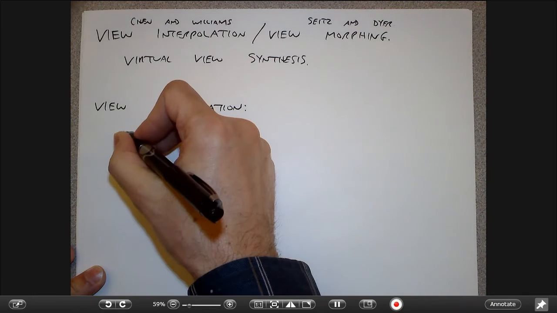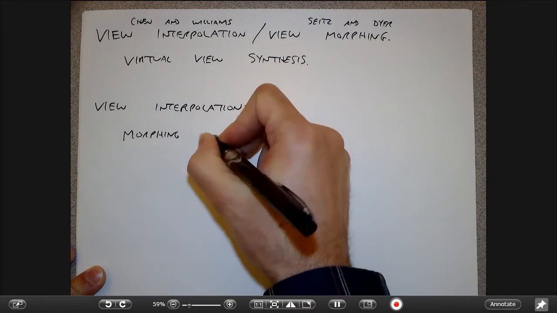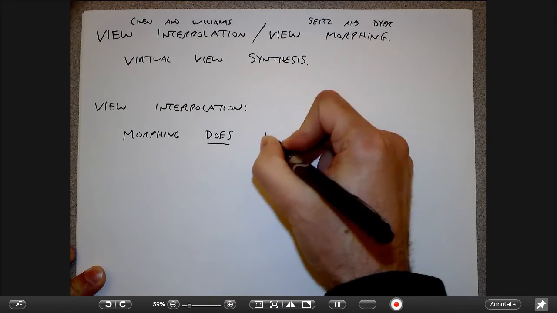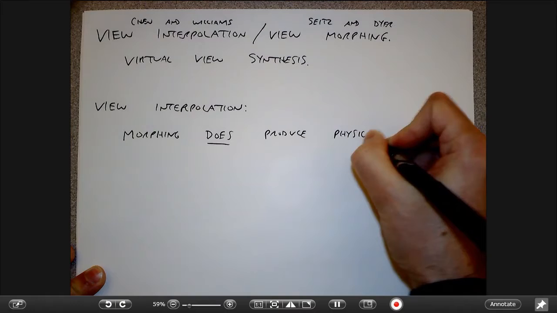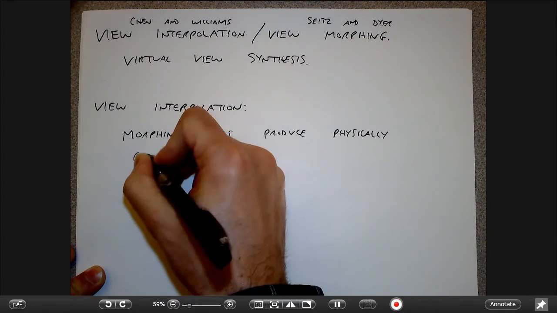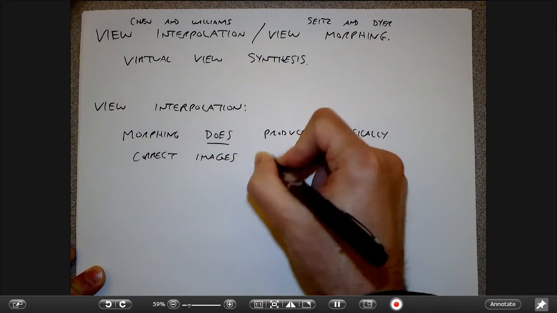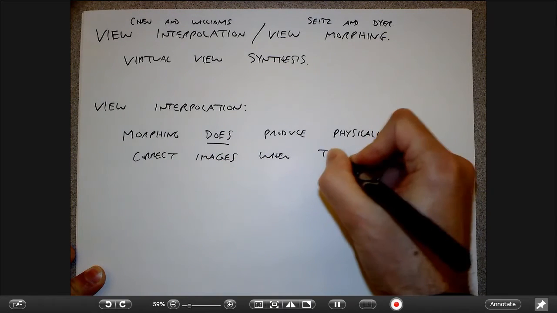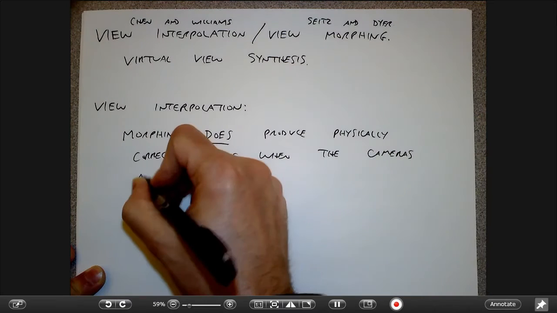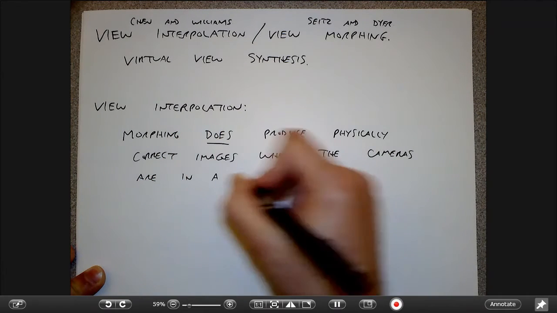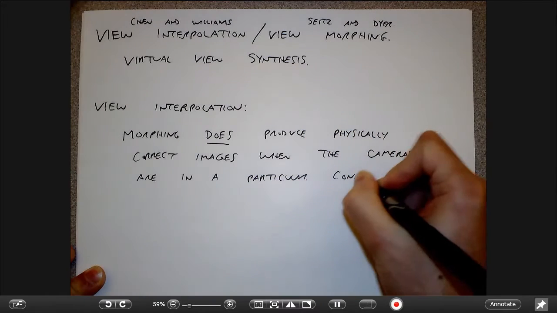The idea would be that basically morphing does produce physically correct images when the cameras are in a particular configuration.